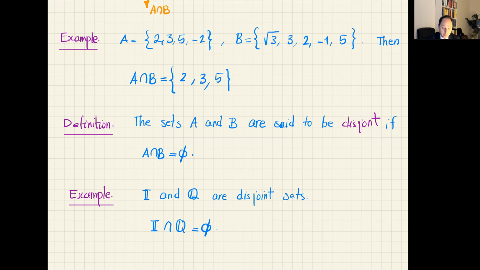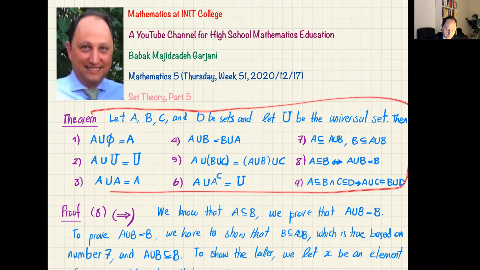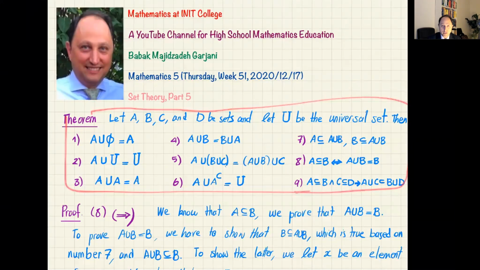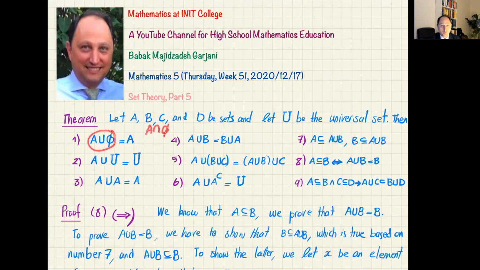Okay, I think it's a good point to stop here. But I will also have a theorem like this, a theorem for intersection, a similar theorem with 9 parts. You can also think about it yourself. For example, the first one would be A intersection with the empty set. What would be the answer this time, you think?